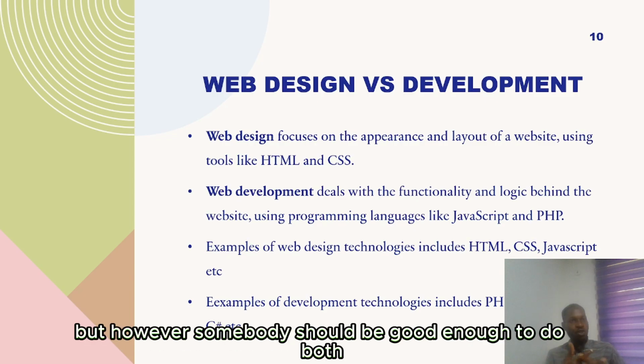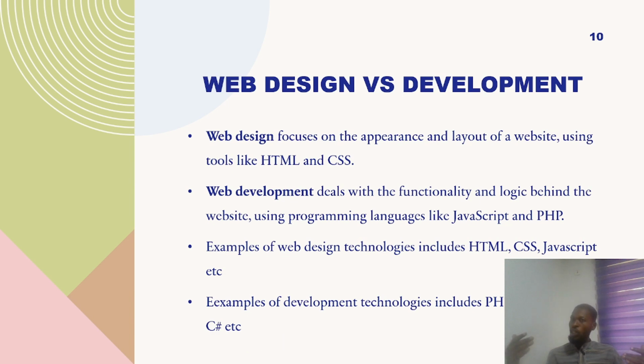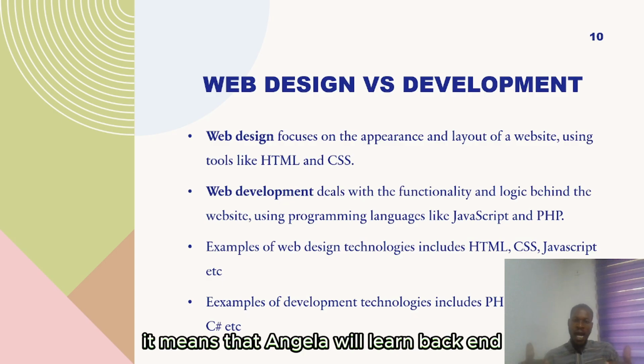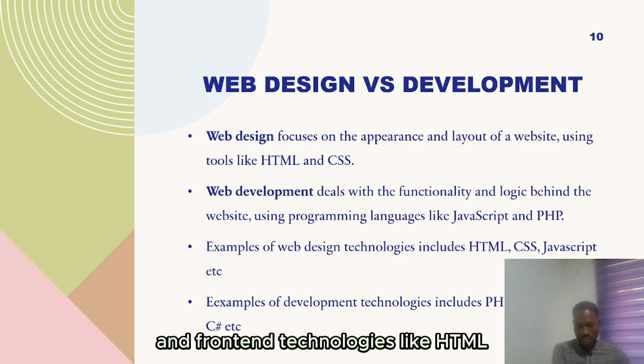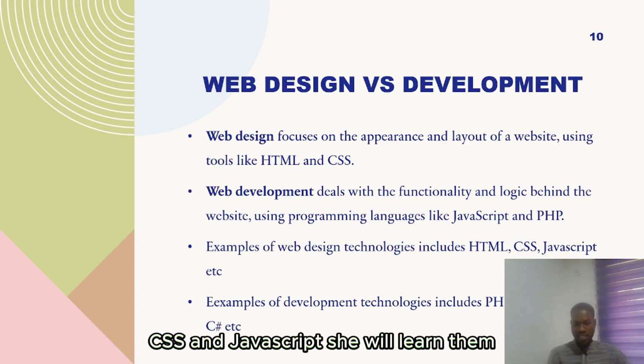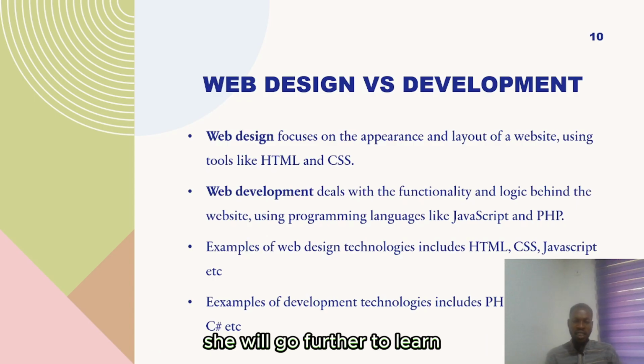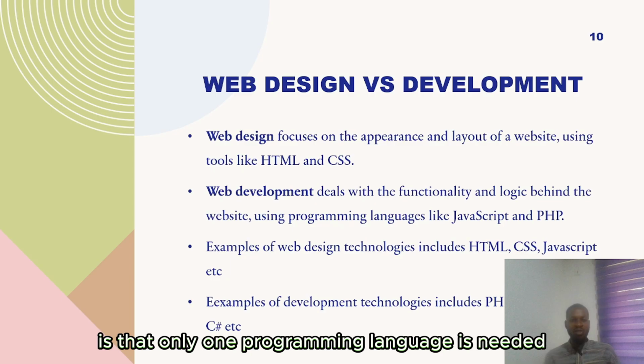However, somebody can be good enough to do both front end and back end. If Angela is good enough to handle both front-end and back-end development, it means Angela will learn front-end technologies like HTML, CSS, JavaScript, and Bootstrap. She will go further to learn back end. The beauty of back end is that only one programming language is needed.